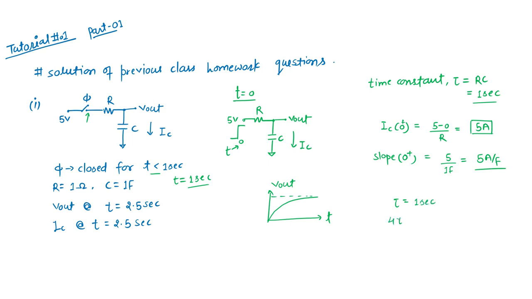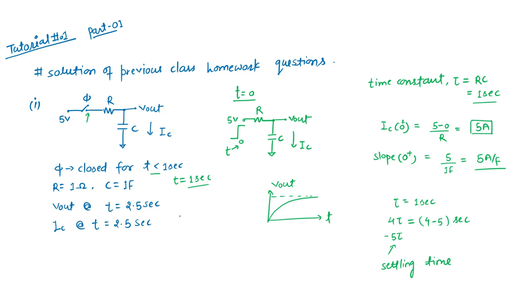Usually we consider that it will settle at 4 to 5 tau, so it means 4 to 5 seconds, within an accuracy of 2% or 1%. So 4 to 5 tau is the settling time. It will take 4 to 5 seconds.